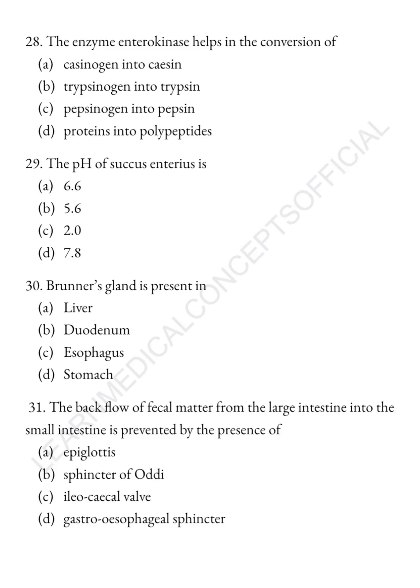Coming to the 30th question, Brunner's glands are present in option A, liver, option B, duodenum, option C, esophagus, option D, stomach. And your time starts now.